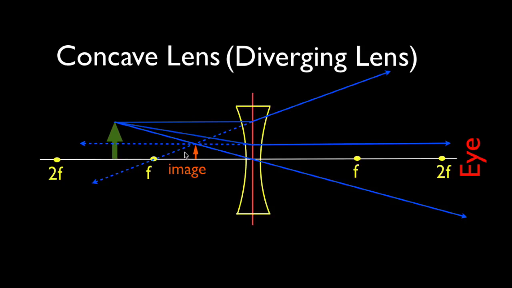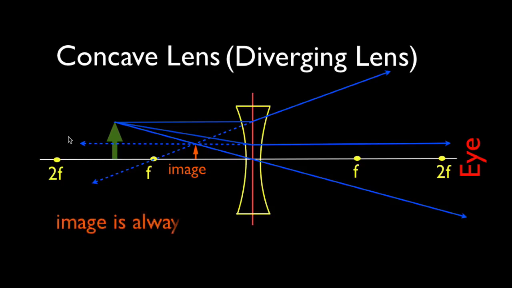Now, you should remember that in the previous two videos, the one for the convex lens and the concave mirror, there were 5 different ray diagrams you needed to know how to draw. For the concave lens, okay, there's only one. It doesn't matter where the object is on this side of the lens.